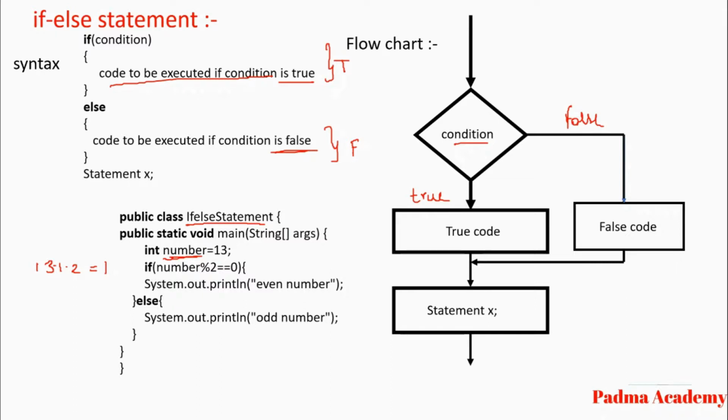So this if condition is false, then the else block will be executed and it will print odd number. If here I assign number as 12, then checking the condition number mod 2 is equal to 0, it will be 0, so it will print even number for 12, not for 13.